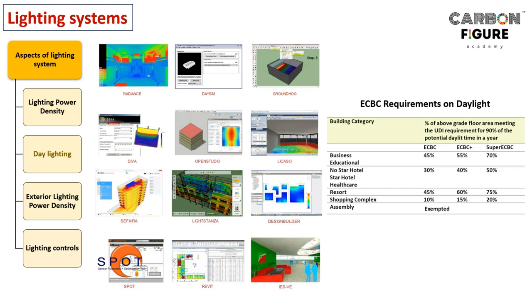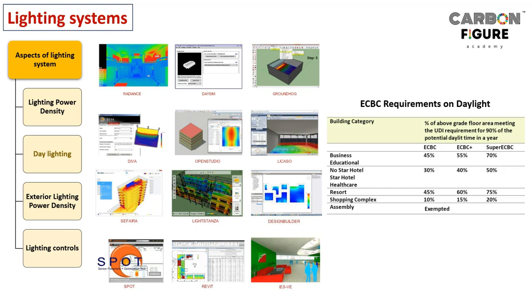With respect to the daylight requirement, these are the ECBC guidelines for three categories of buildings: ECBC, ECBC Plus, and Super ECBC. The building typologies are business, educational, star hotel, ordinary hotel, resort, shopping complex, assembly.